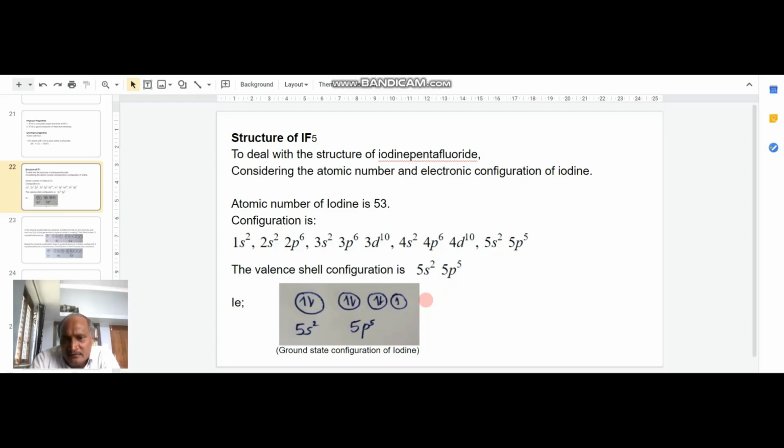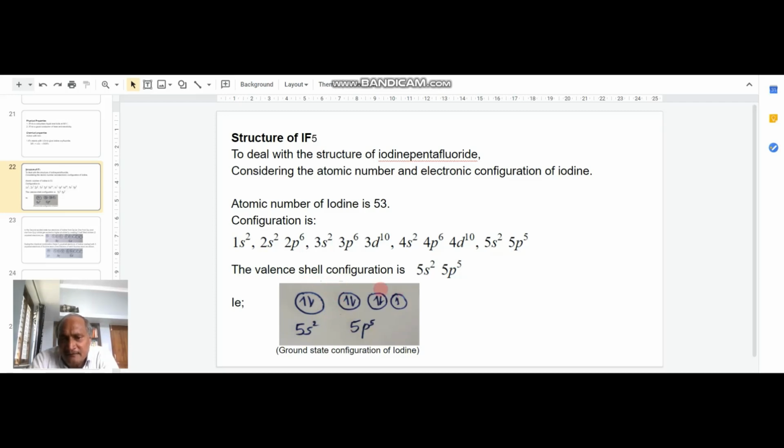Valence shell configuration of iodine can be diagrammatically represented as follows. 5s2 means in the 5s subshell there are 2 electrons with spins plus half and minus half, that is, one arrow upward and one arrow downward.